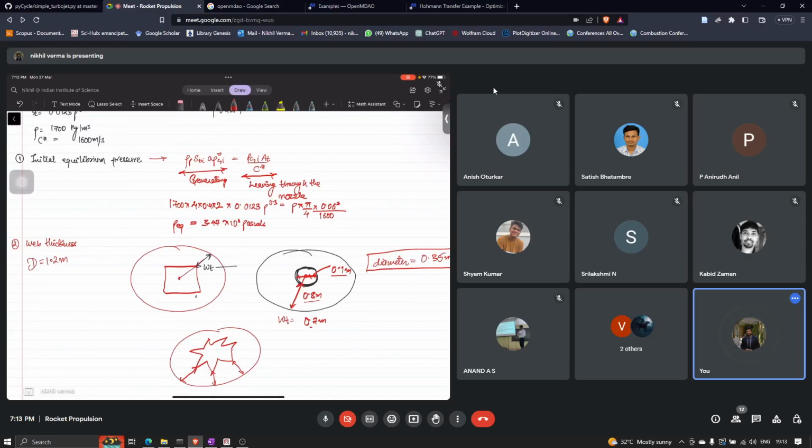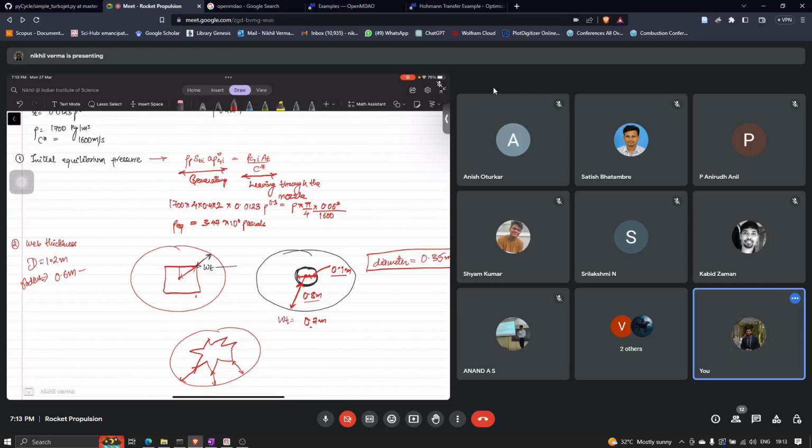So the radius will be equal to 0.6 meters minus this distance, right? This distance.